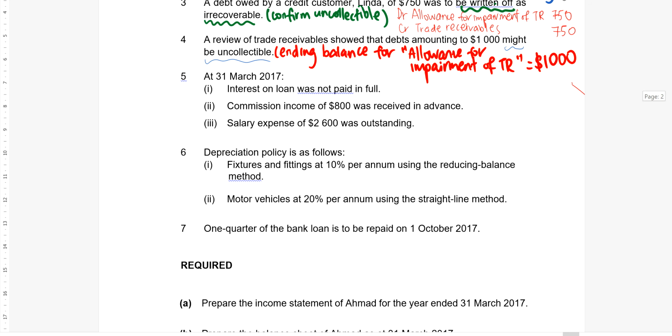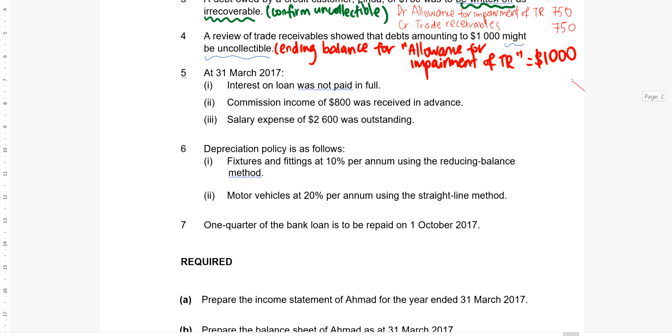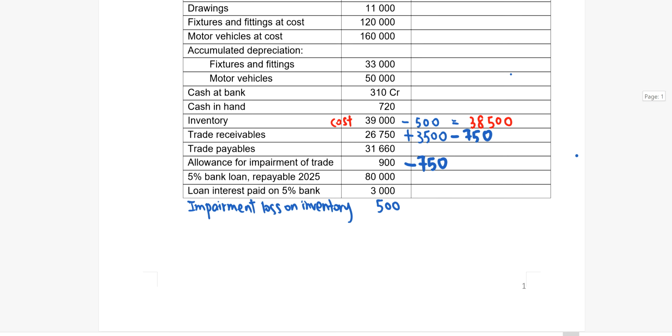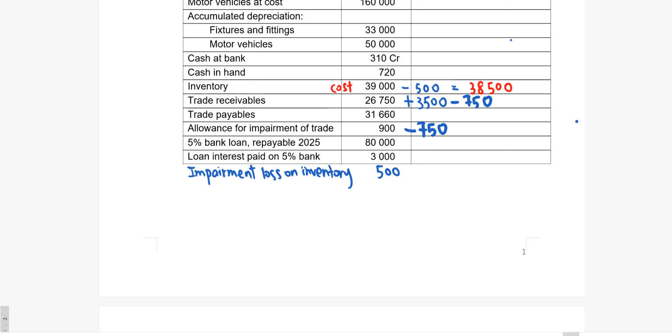Before we do our adjustments, let's look at the updated balance in my allowance account first. Let's see how much we have in our allowance account after I've written off. So remember this $750, this is the amount that was written off. After I write off, I am left with $150. But I want my ending balance to be $1,000.